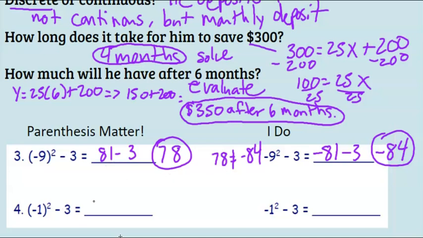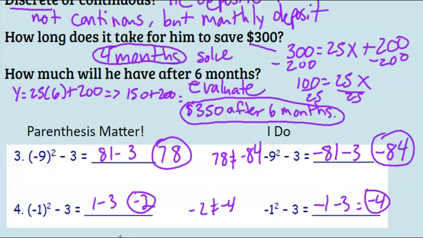(-1) squared minus 3. We have 1 minus 3. That's -2. Okay, -1 squared minus 3. -1 minus 3. -4. -2 doesn't equal -4. Parentheses matter. If you were to write this as a function and you're finding f of -9, it would be (-9) squared minus 3.